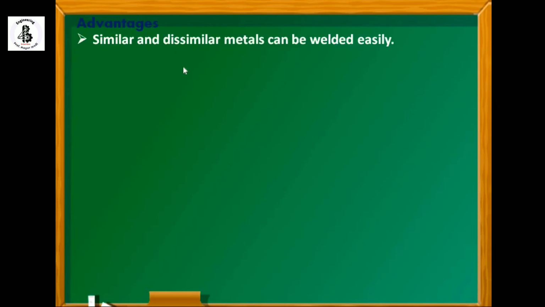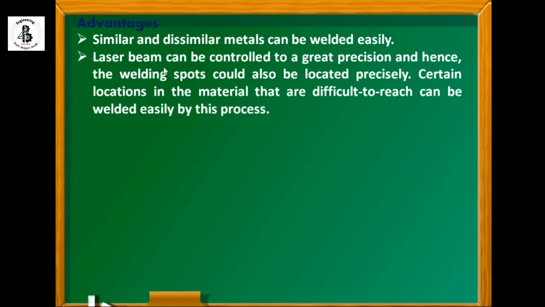Some of the advantages of the laser beam welding process: similar and dissimilar metals can be welded easily. The laser beam can be controlled to great precision and hence the welding spots can also be located precisely. Certain locations in a material that are difficult to reach can be welded easily by the laser beam welding process.